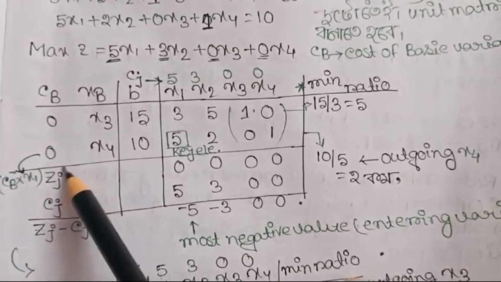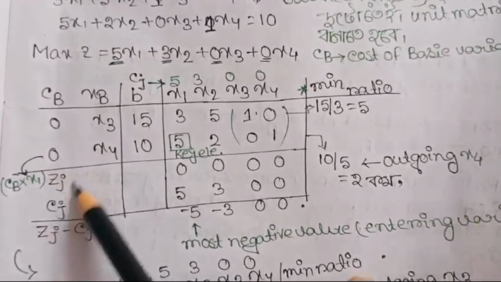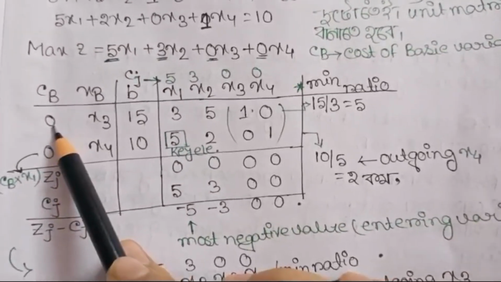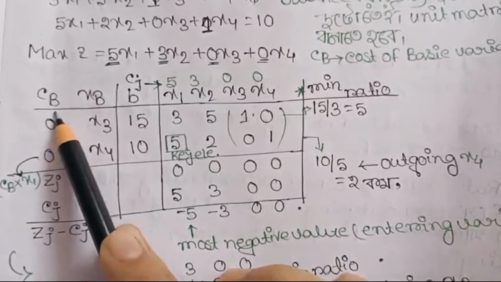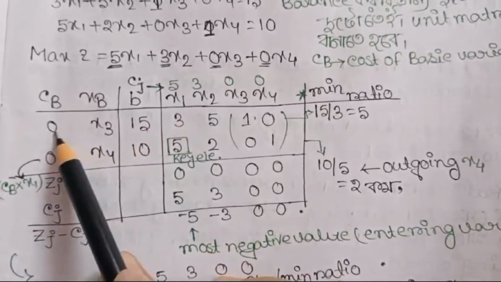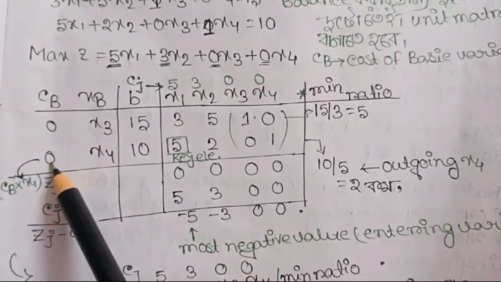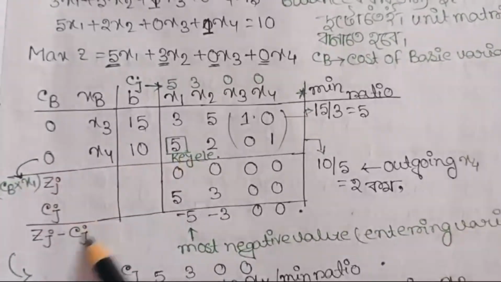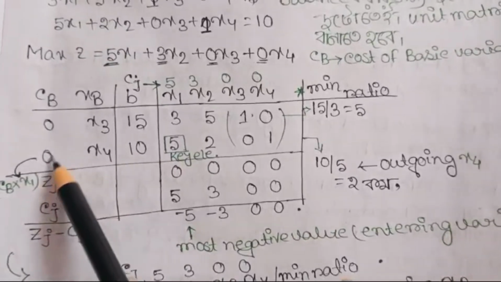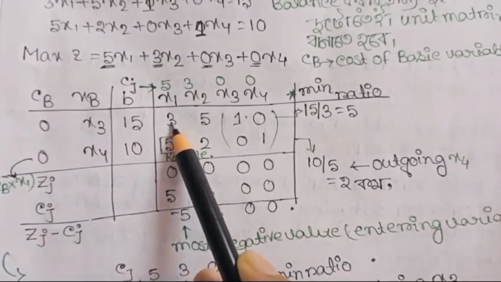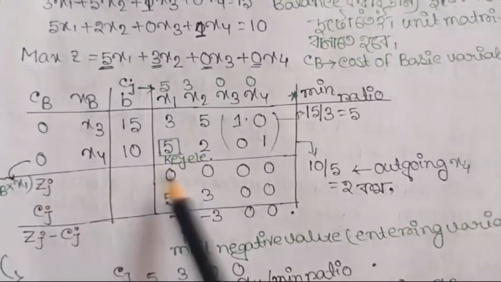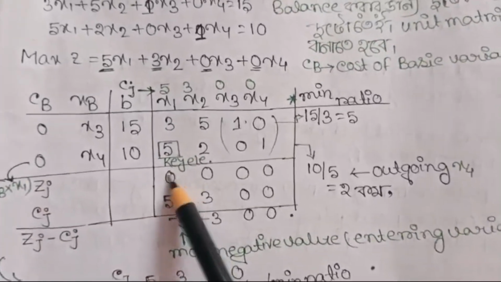Now we have to calculate the zj value. In order to calculate the zj value we do this operation: cb into x1 plus cb into x2, this value minus cj. So 0 into 3 is 0, plus 0 into 5 is 0, so our zj value is 0.